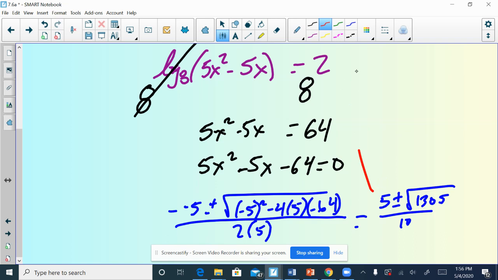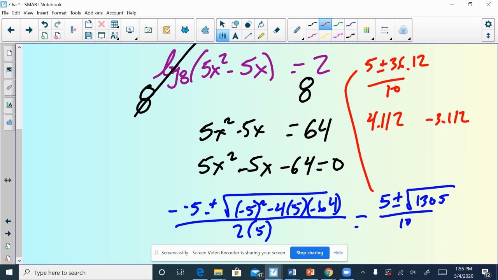So I'm going to move it up here. 5 plus or minus 36.12 over 10. 5 plus 36.12 over 10 is 4.112. And 5 minus 36.12, dividing that by 10, is negative 3.112.